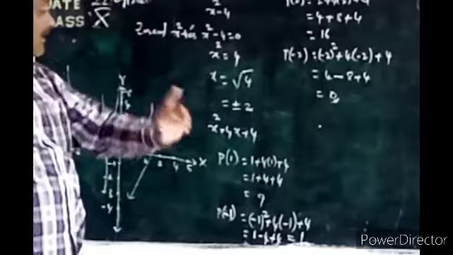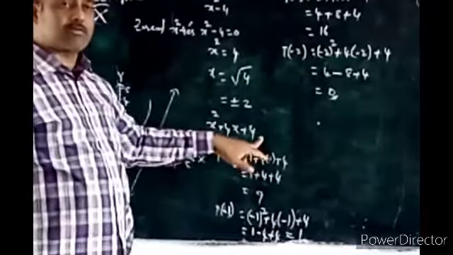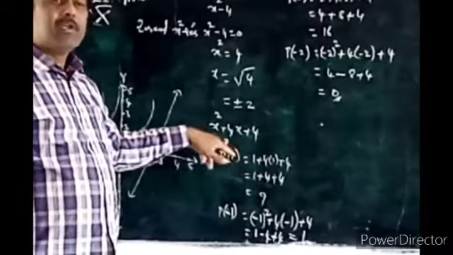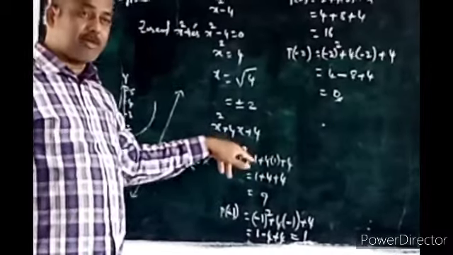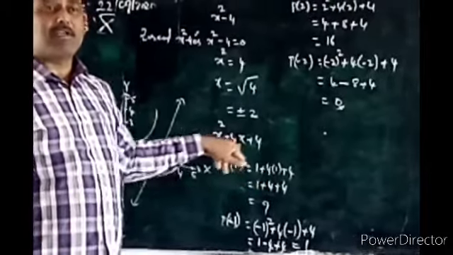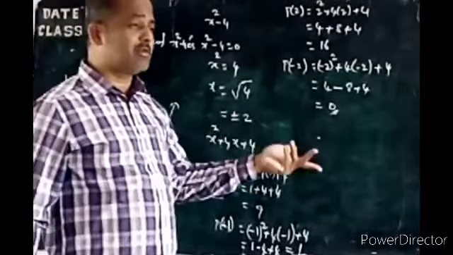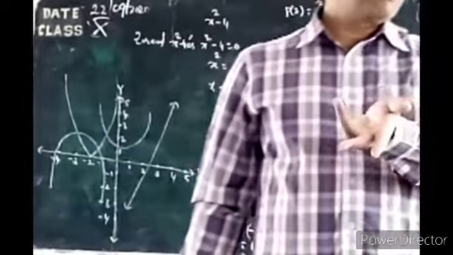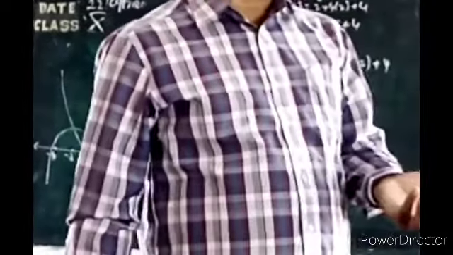In general, it is in the form of x plus 2 whole square, by the algebraic identity a square plus 2ab plus b square. That means it is x plus 2 whole square equals 0. Then x plus 2 equals root 0, and root 0 is 0 only.